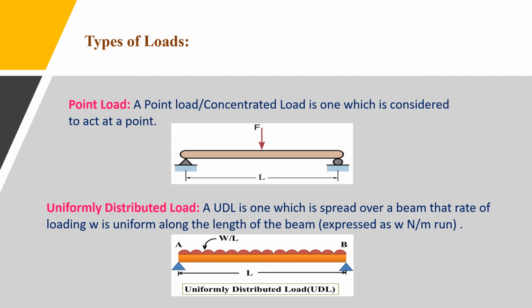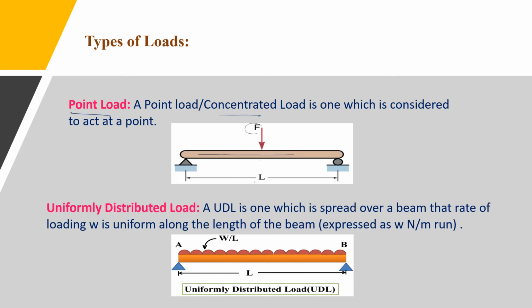Now let us see what a point load is. This point load is also called a concentrated load. Suppose this is a beam and the length of the beam is L. The point load is acting at the center of the beam, meaning this force F is a point load.